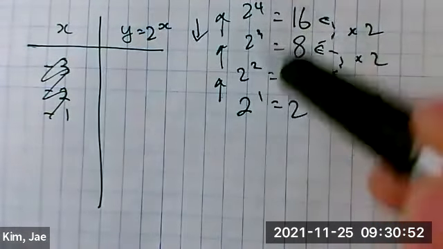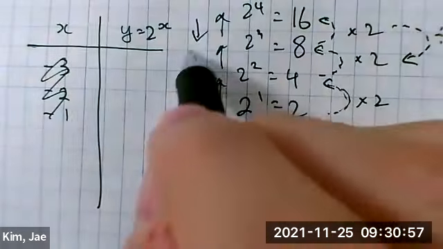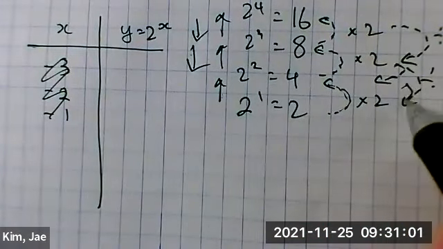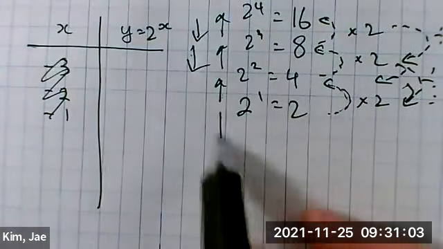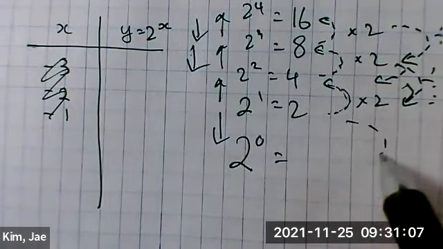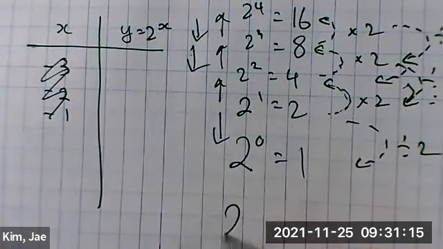So if I go down by an exponent, what am I doing? Divide by 2. Divide by 2. Divide by 2. So if I go down further and I do 2 to the power of 0, what is 2 divided by 2? And here's my proof. Anything to the power of 0 is 1. Let's go further.